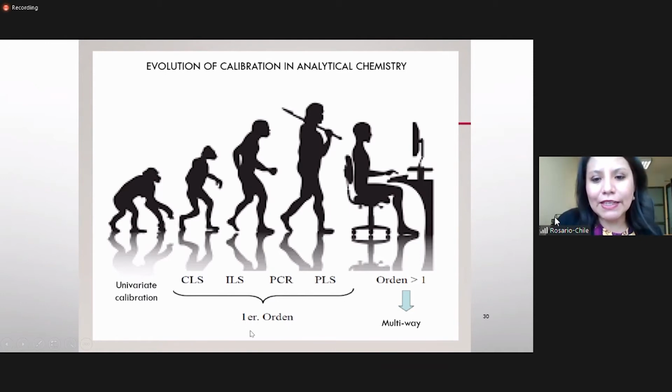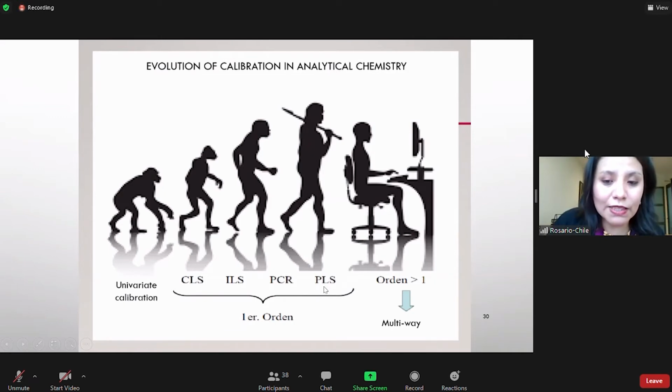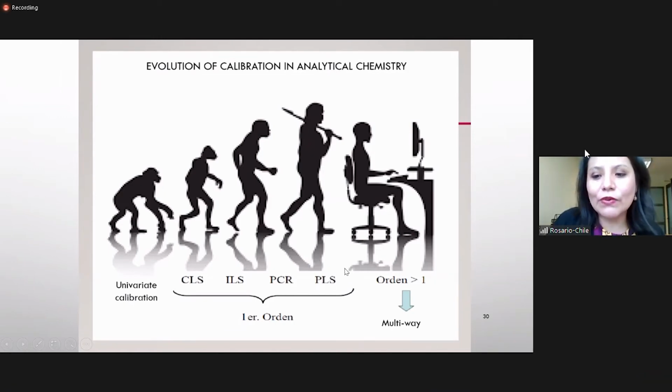In these first order calibration methods, we also have an evolution, using first the classical least squares method, coming from the most famous law now in optical chemical methods, like the Lambert-Beer law. And then inverse least squares, principal component regression, partial least squares, the most used method in calibration now, and then the second order or multi-way analysis of our data. So the goal of this presentation is to show you some differences between these kinds of methods and to see some applications.